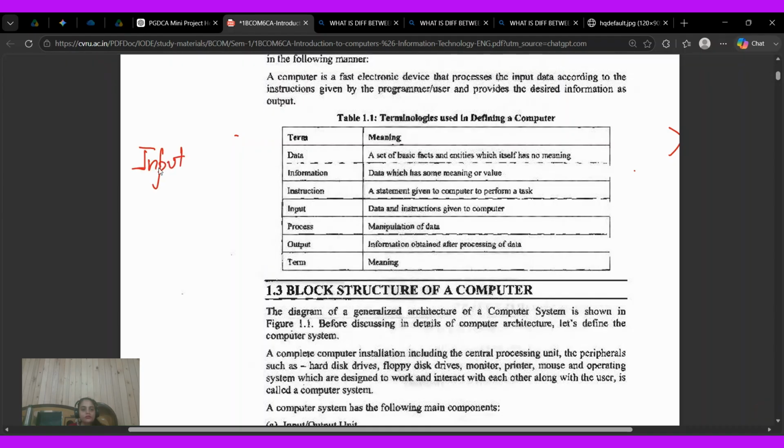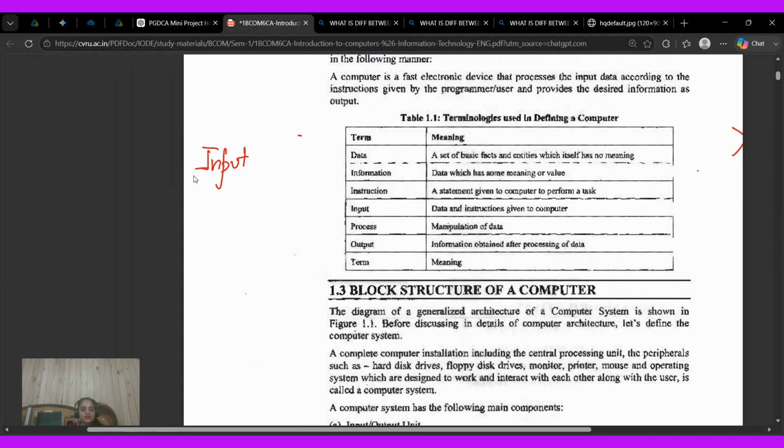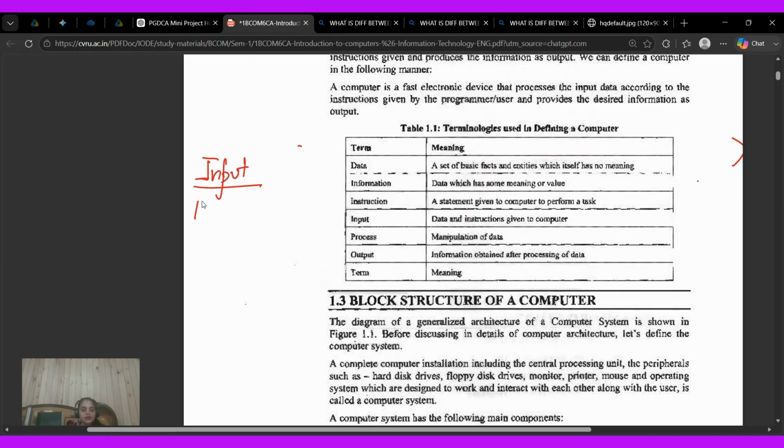The definition of input is data and instructions entered into a computer.